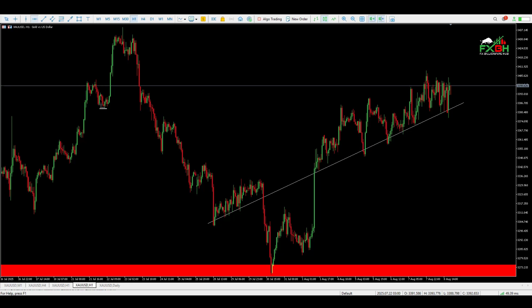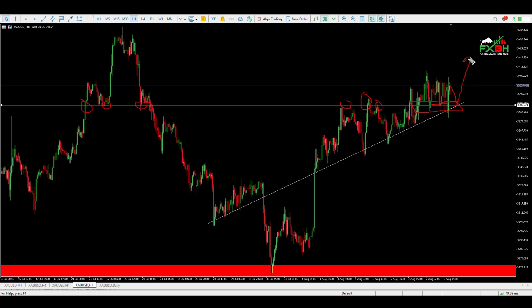If I want to draw particular support and resistance areas, as you can see there are many times here is a breakout, here is a support, there is a support that became a resistance area, and there it is acting like a resistance zone. And as you can see there is a fake breakout zone, and it happened in that particular area many times. So there is a chance to go back to this particular area and again go up.